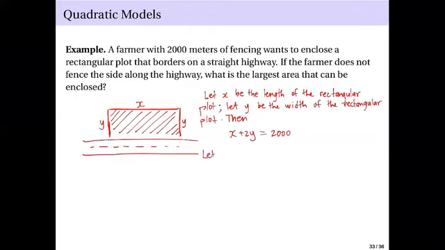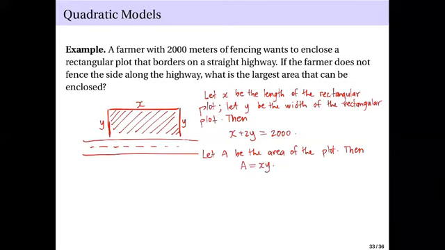So let A be the area of the plot. Then this area A is equal to x times y. Correct?